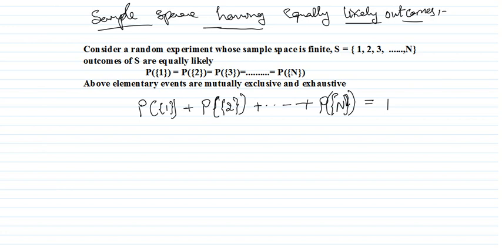Now, let's define the probability of an event. Let me consider an event here. Let the event E be i1, i2, and so on. Let's assume that there are r elements in this event.